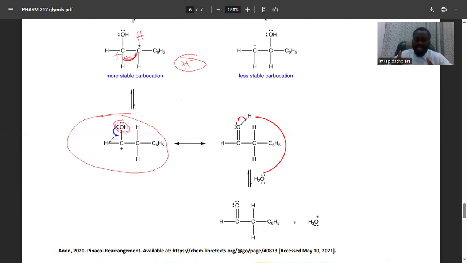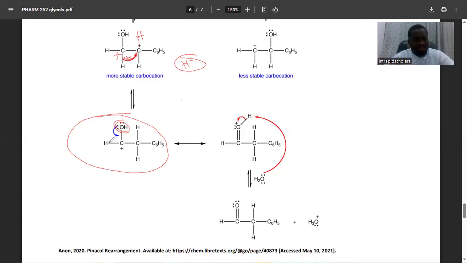The first point that I ask us to take note of is that the rearrangement will occur quantitatively only if the new carbocation formed is better stabilized by a substituent, which is what we are seeing here. The oxygen in the hydroxyl group can better stabilize the carbocation. That is why the 1,2 shift will go on.